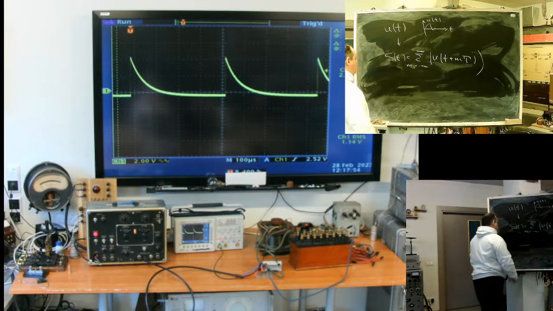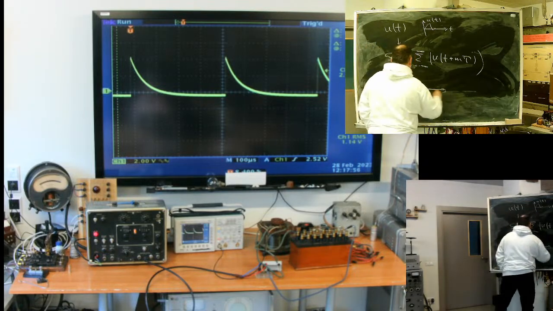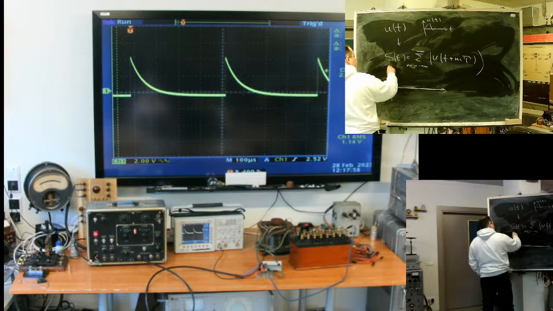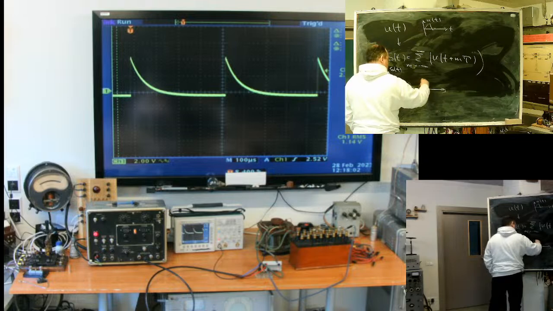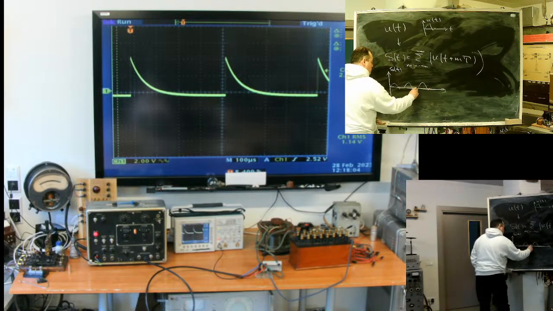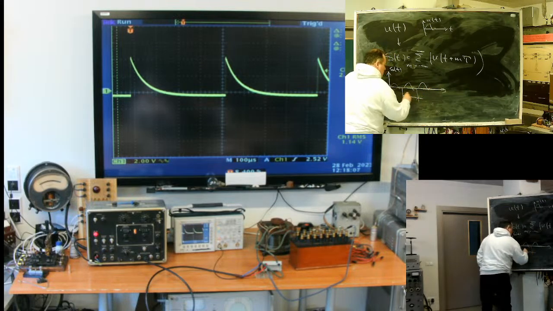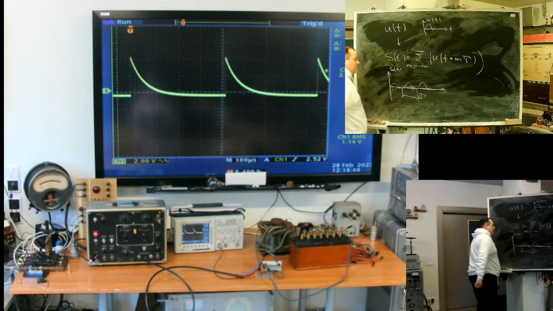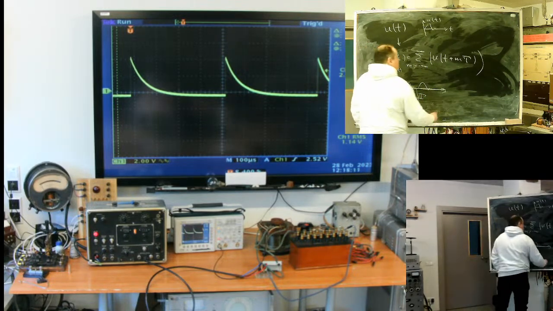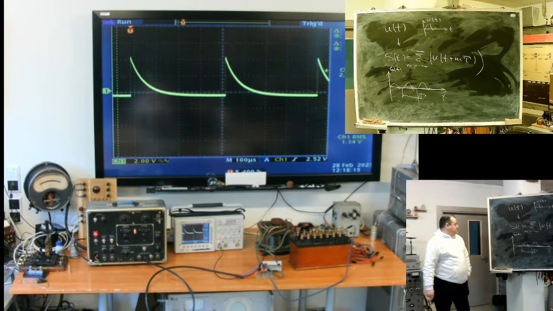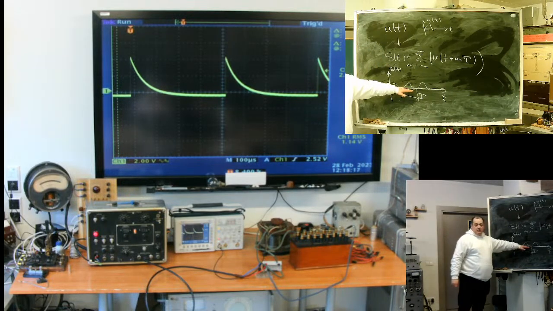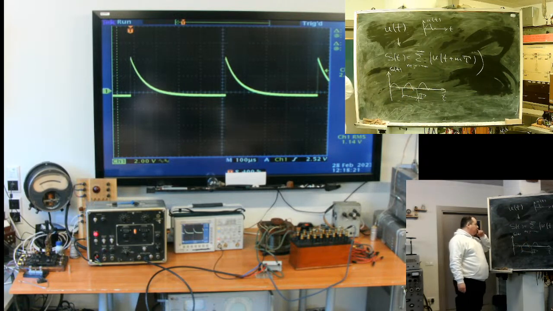We can create a sequence with T capital, seconds, milliseconds, or whatever between the pulses. And now, for this sequence, the Fourier transform is valid, because the sequence can be treated as a periodic signal.